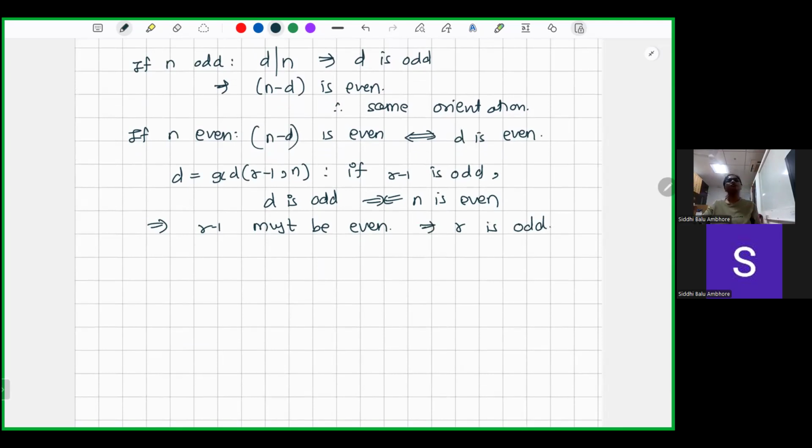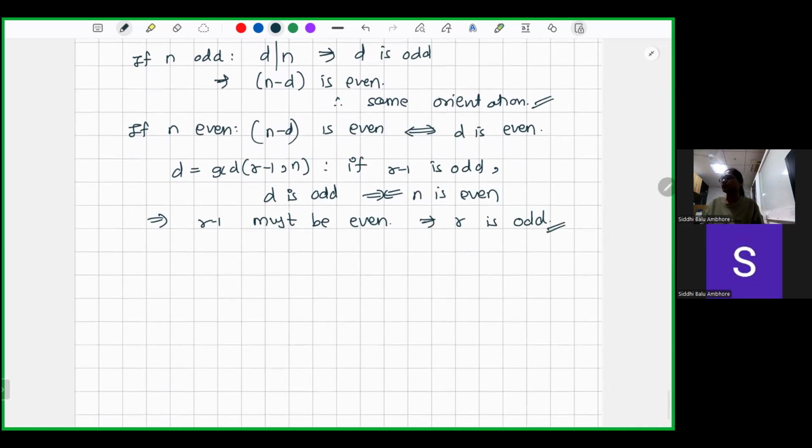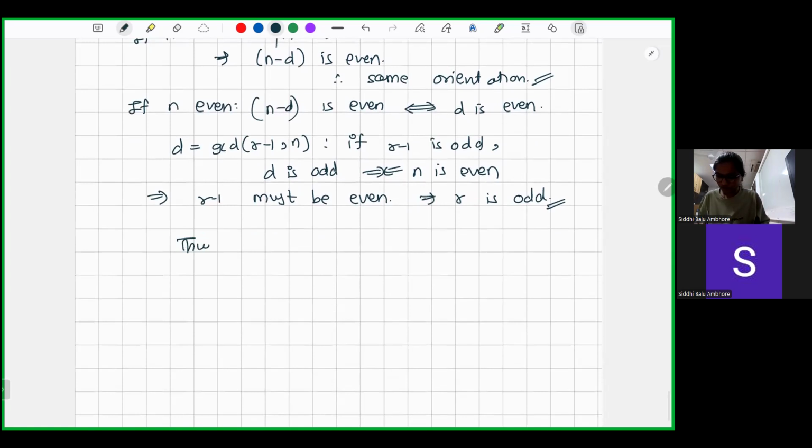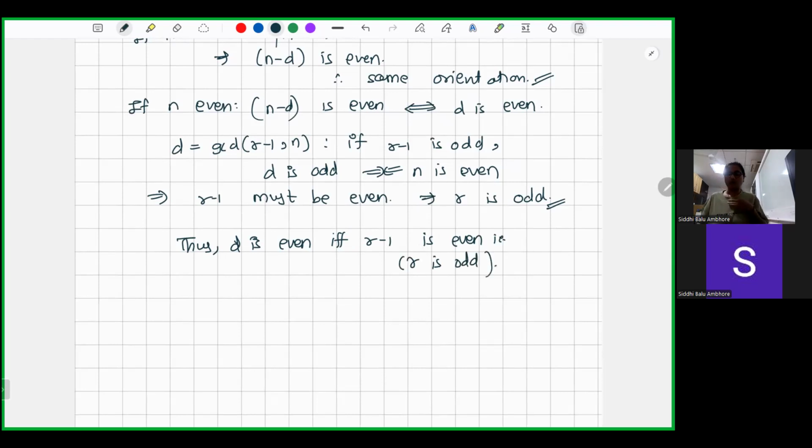So when n was odd, everything was fine. When n was even, we got that r is odd. At least one of them has to be odd. So d is even if and only if r minus 1 is even, that is, r is odd.